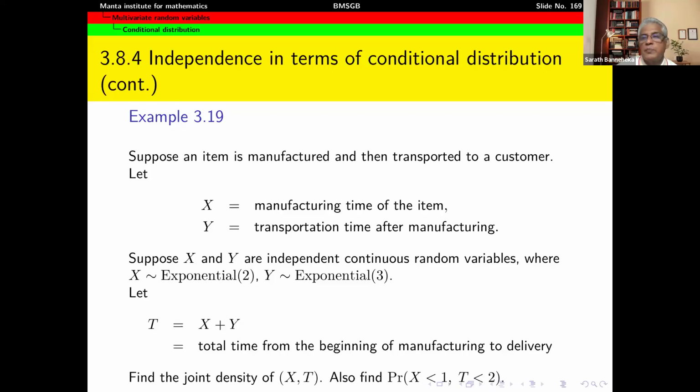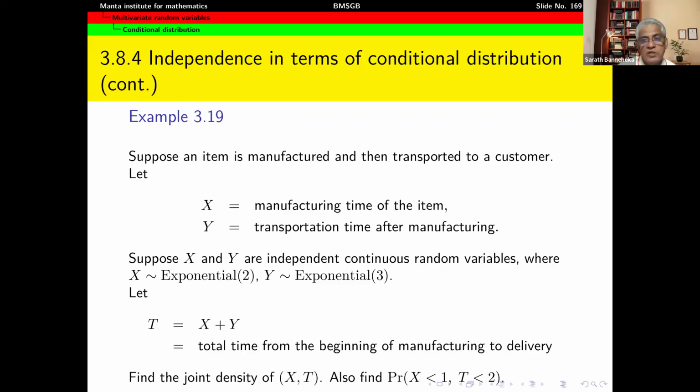Now we are going to consider particular distributions. In the previous result, we were just considering some theoretical aspects, but here let's apply it with some more concrete distributions. So let us assume that X and Y are independent, continuous random variables where X has an exponential distribution with rate 2 and Y also exponential with rate, say 3, right?